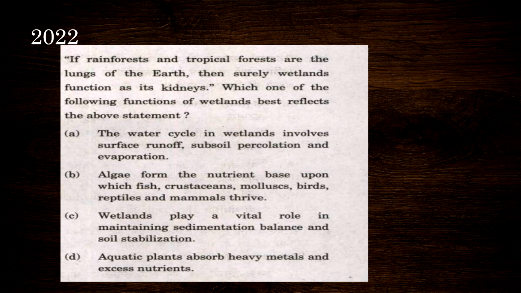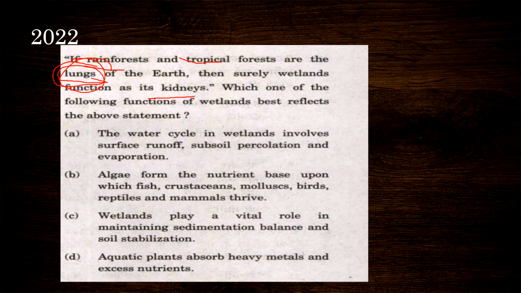This question of 2022: if rainforests and tropical forests are the lungs of earth, then surely wetlands function as its kidneys. Lungs facilitate the exchange of oxygen, taking in oxygen and removing the CO2. So facilitation of air exchange takes place here.